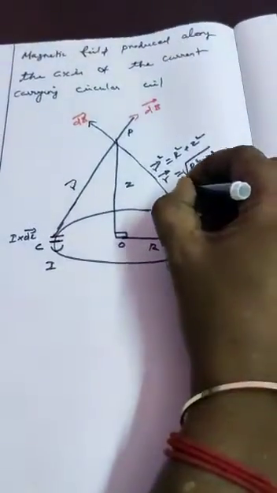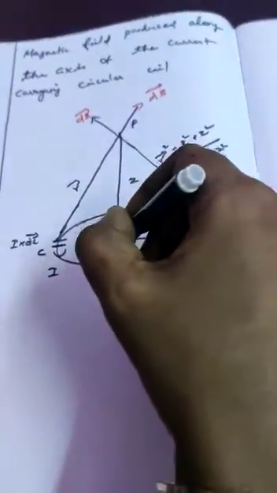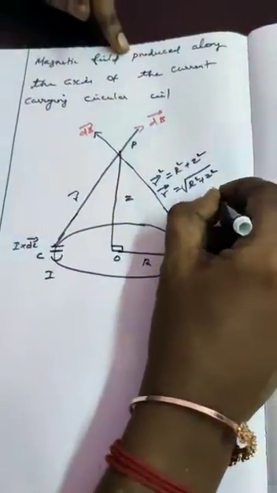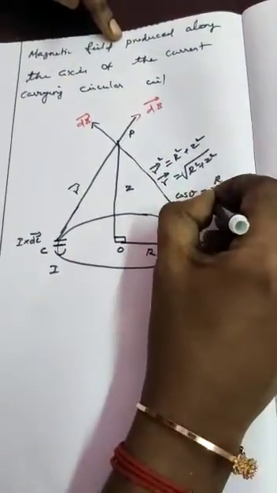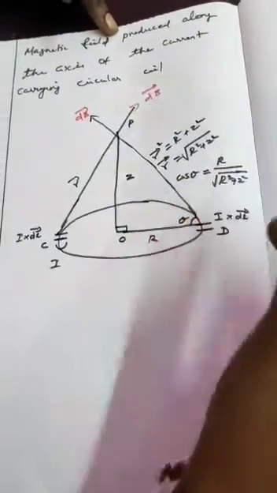From this theta we can find cos theta. Cos theta is equal to adjacent by hypotenuse. Adjacent is R and hypotenuse is root of R square plus Z square.